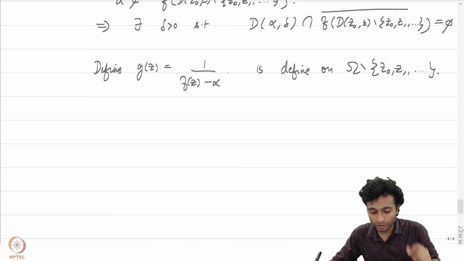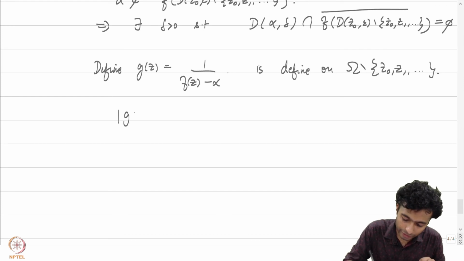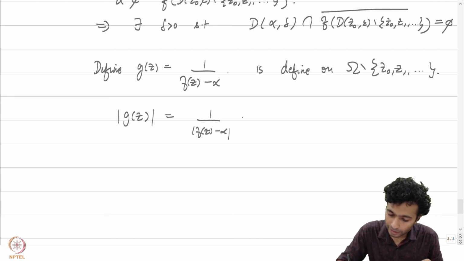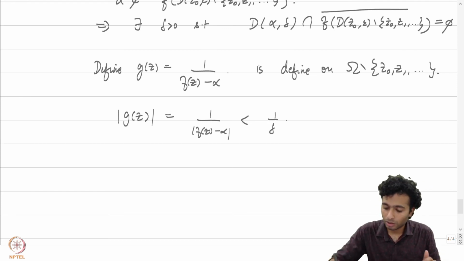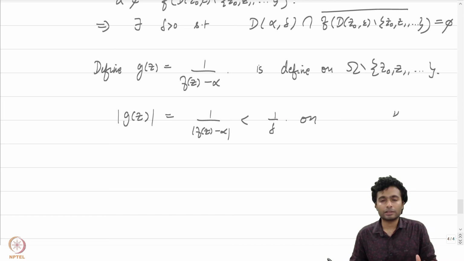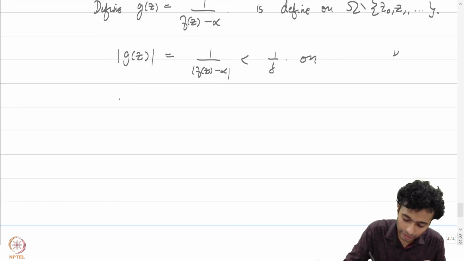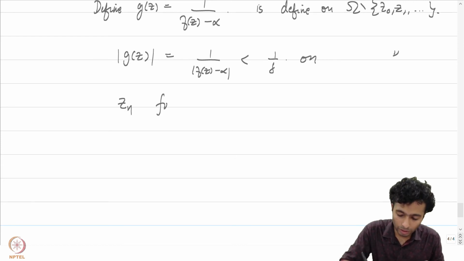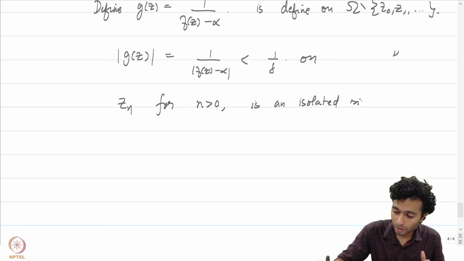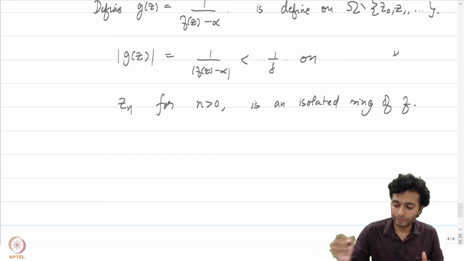Now if you focus on the absolute value of g of z, this is 1 by the absolute value of f of z minus alpha, which is in fact less than 1 by delta. So this is bounded on omega minus z0, z1, z2 and so on. Also, zn for n greater than 0 is an isolated singularity of f.